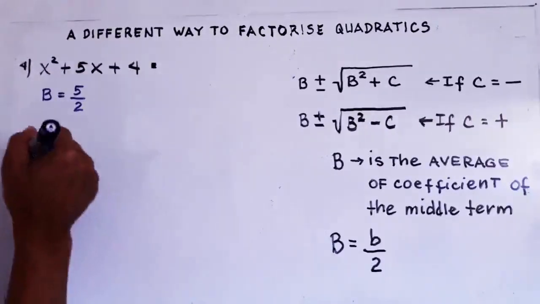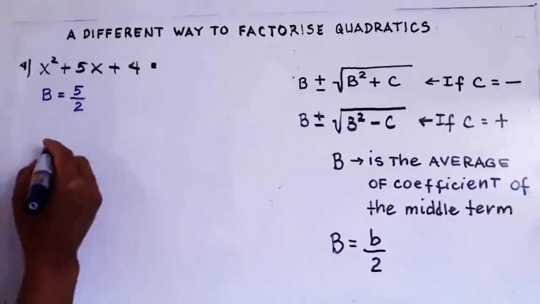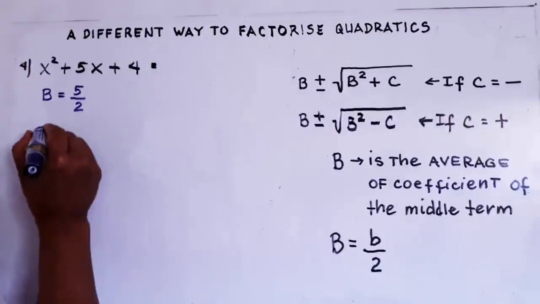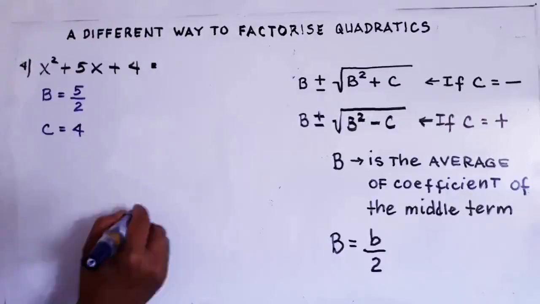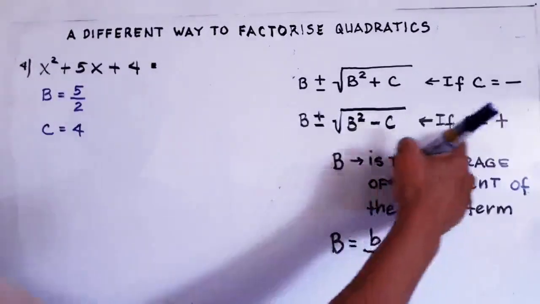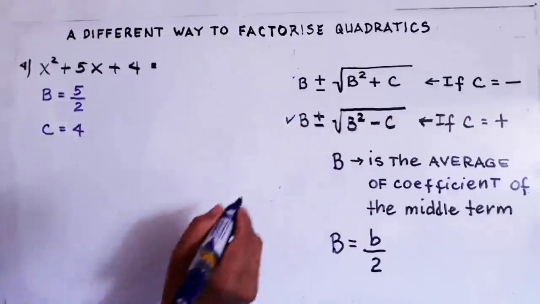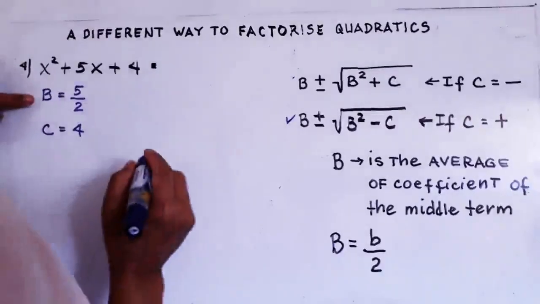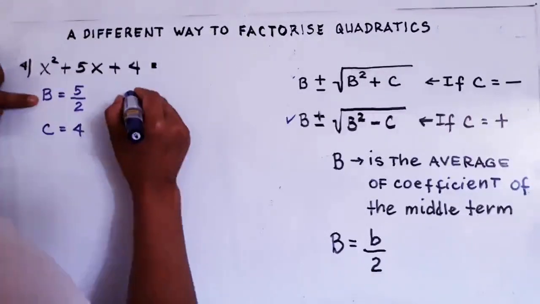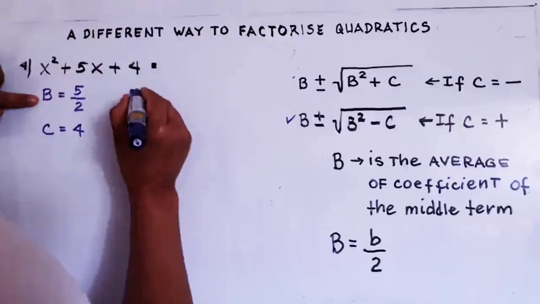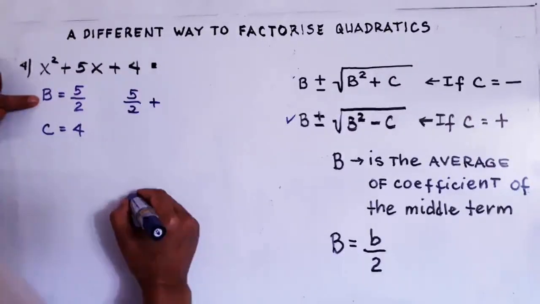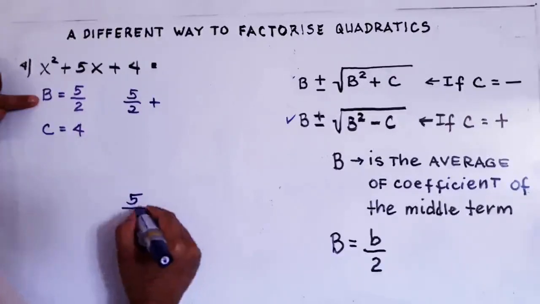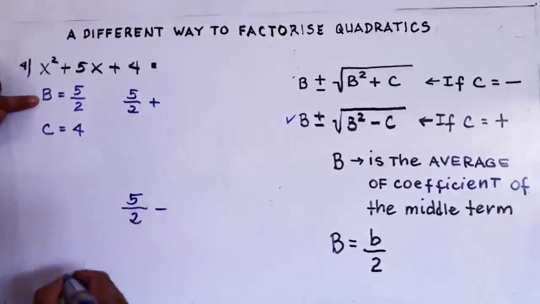We'll have our solution first in fraction. So our c is equal to positive 4. If that's positive, so we are going to use this formula here. Okay. So b, so that is positive 5 over 2 plus, the other one is 5 over 2 minus.